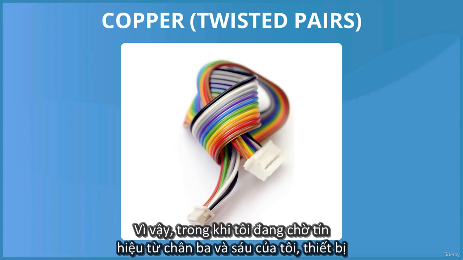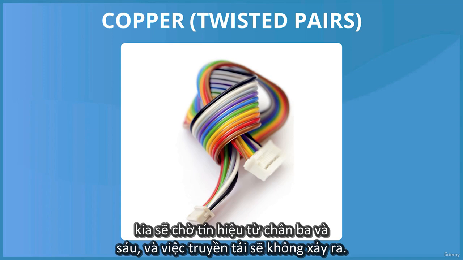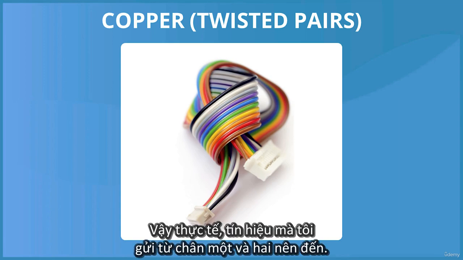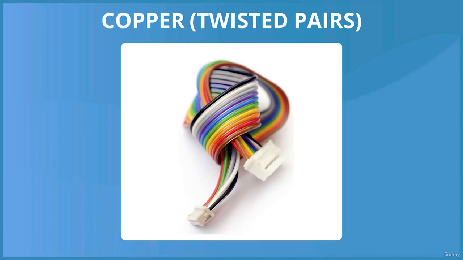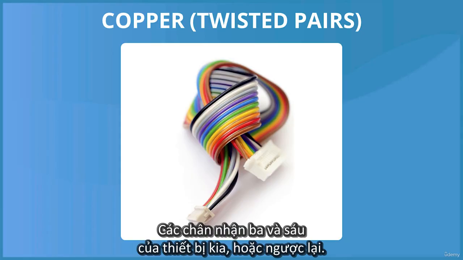So while I'm waiting for a signal from my pins 3 and 6, the other device is going to wait for a signal from pins 3 and 6, and the transmission is not going to take place. So in fact, the signal that I send from pins 1 and 2 should reach receiving pins 3 and 6 of the other device, or vice versa.